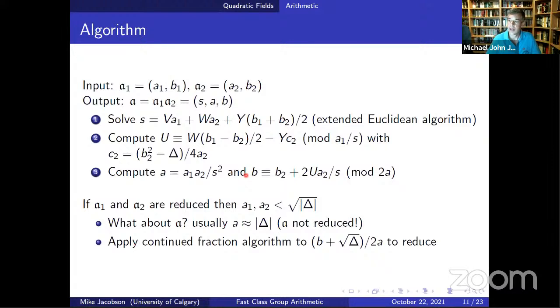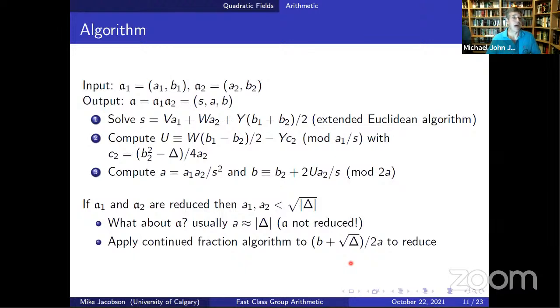And so after that, you have to do a reduction, which basically is applying the continued fraction algorithm to (B plus root delta)/2A in order to reduce it. I'm playing a little bit loose here because when delta is negative, of course, it's not exactly this. This is really the real case. When delta is negative, you do something more or less analogous.